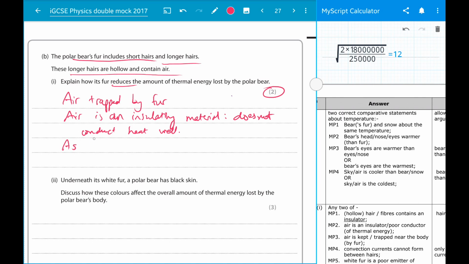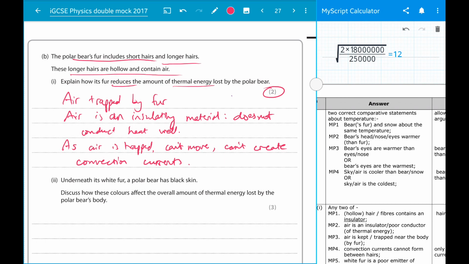And you can also say, as air is trapped, it can't move, and therefore you can't transport heat around using convection. So you can't create convection circuits or convection currents. So all of those things go towards keeping the polar bear warm, and how its fur is basically reducing the amount of thermal energy lost.